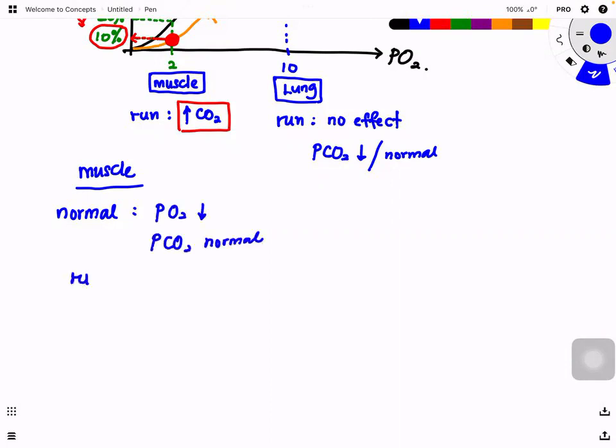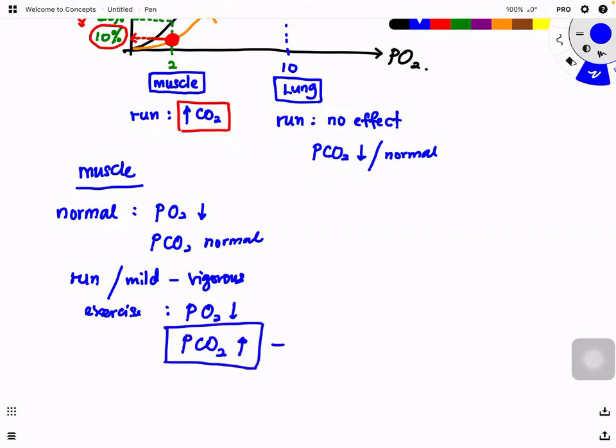But if you run or have an activity, from mild to vigorous exercise, then partial pressure of O2 is low, and partial pressure of CO2 now increases. And because of the increase of partial pressure of CO2, we do have the Bohr effect, or the Bohr shift of the graph to the right.